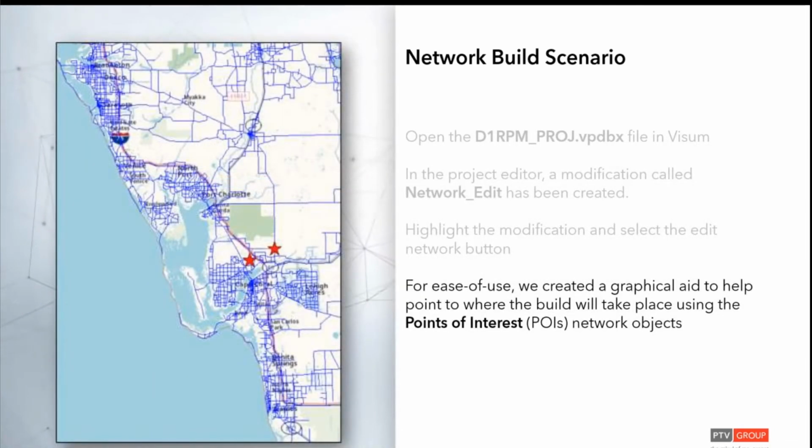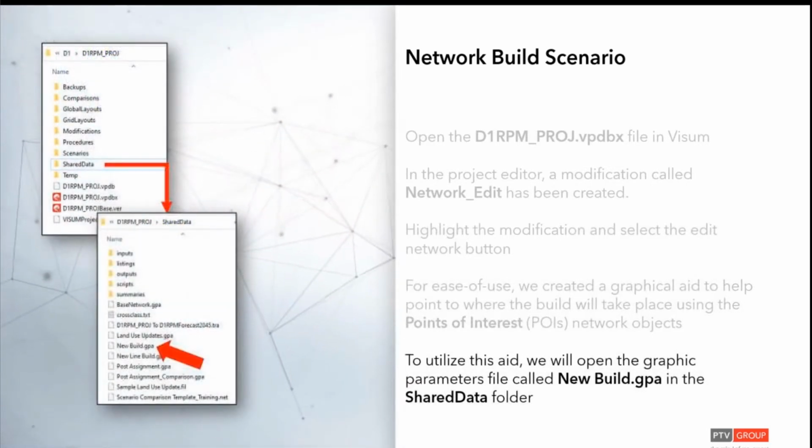And in the modification number 2, the network edit, we're going to open up the network, and it's going to have some points of interest in the modification. A point of interest in Visum is just an arbitrary piece of geometry that is used to point out specific objects. And in this case, we are pointing out where the new builds are going to be using the points of interest.